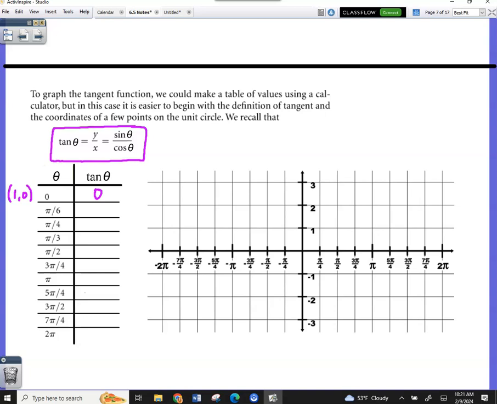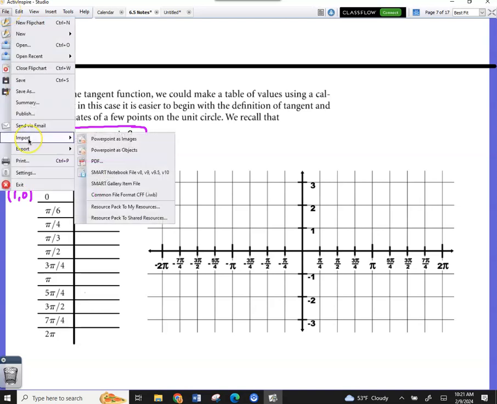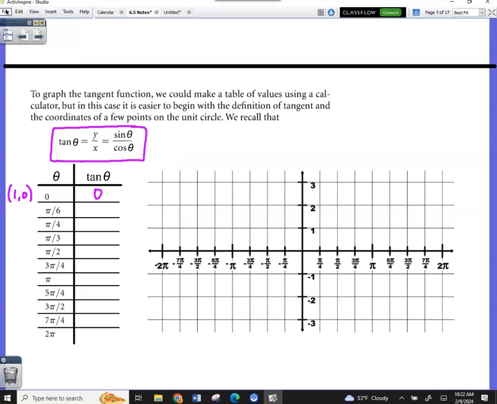Now, pi over 6. If you go to your pi over 6 on your blue chart, what are the coordinate points of pi over 6? Someone tell me. Square root of 3 over 2 and 1/2. Okay, I'm going to write it right here.